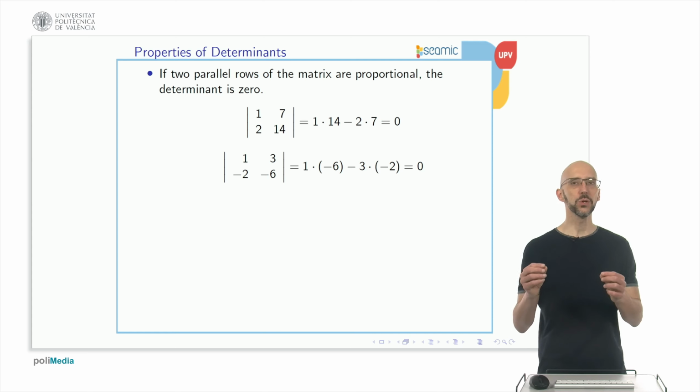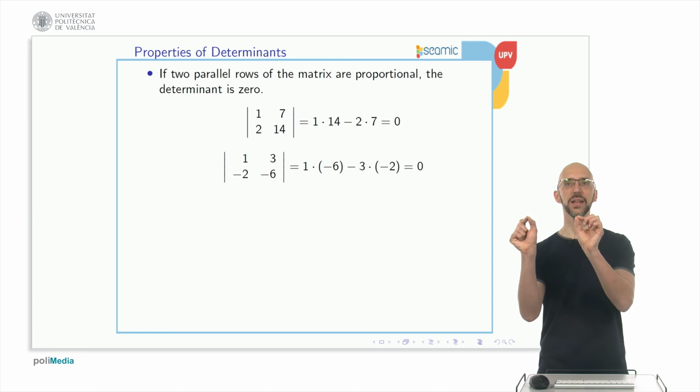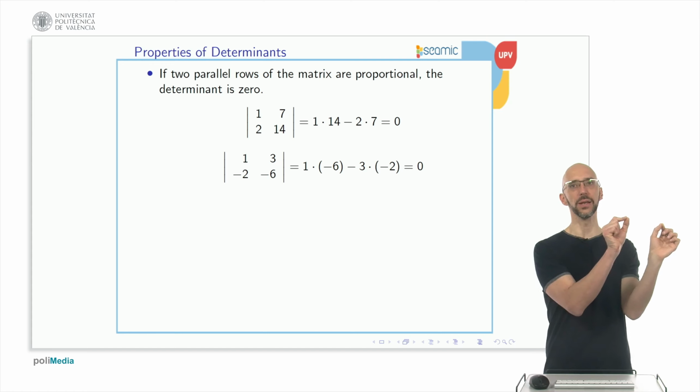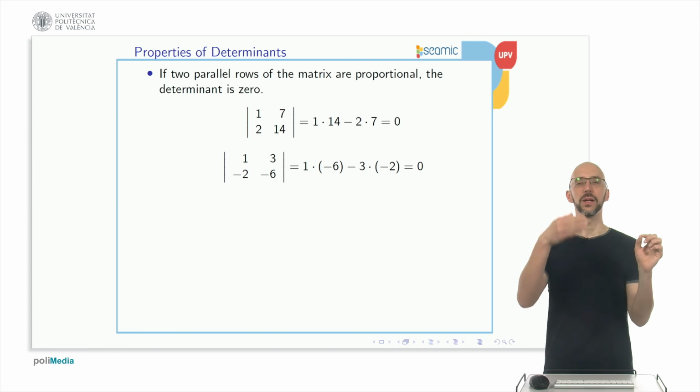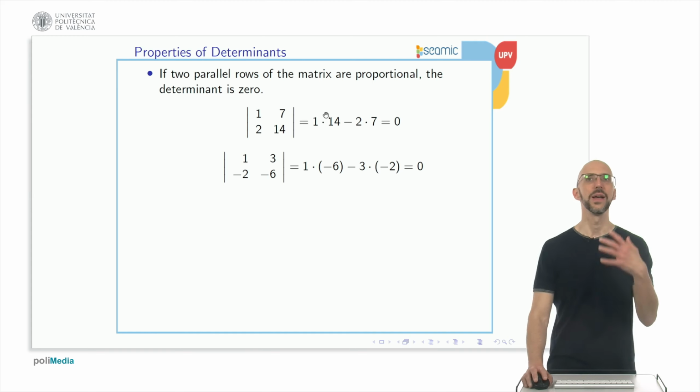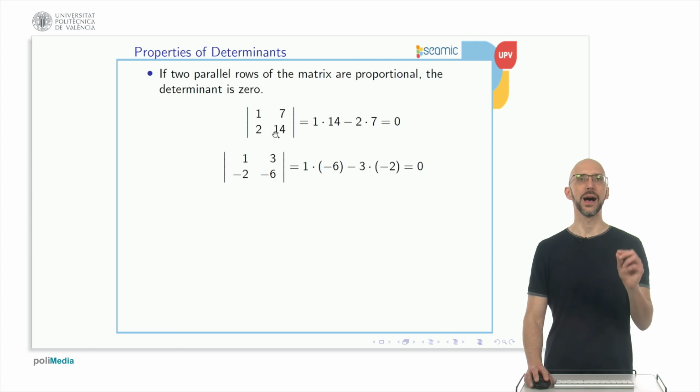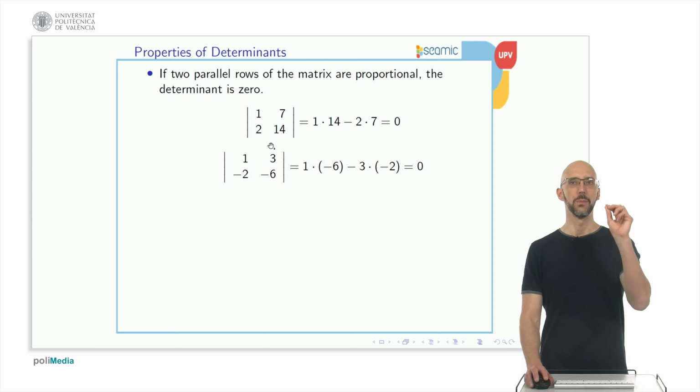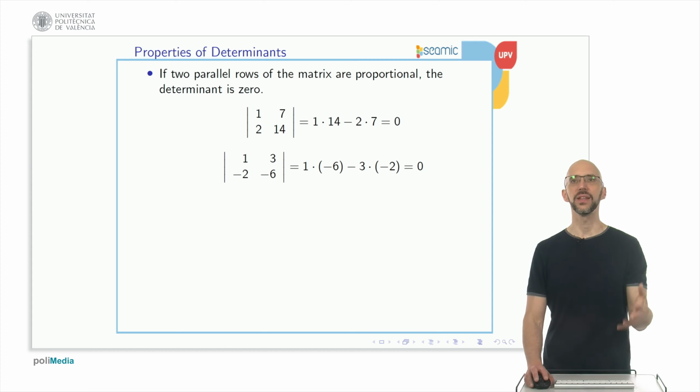If one is proportional to the other, I can just take this number, I factor the proportional value outside, and then it becomes a matrix with two equal rows or two equal columns, and it's going to be 0. So the idea is that if you see a matrix with two proportional rows, the determinant is going to be 0 directly. Look, for example, this one, 1, 7, 2, 14.